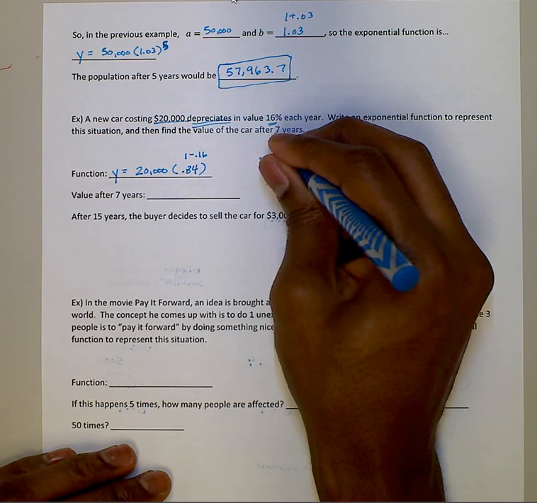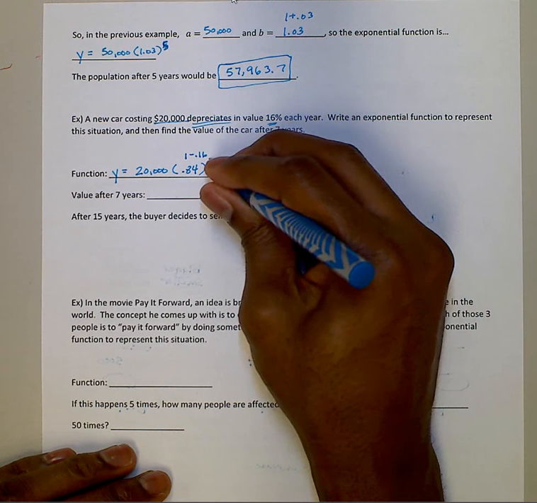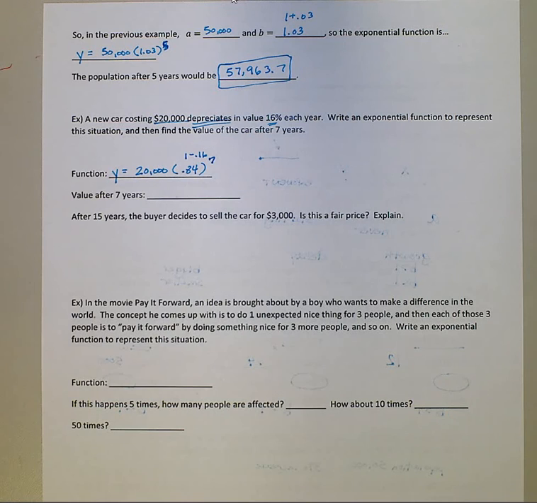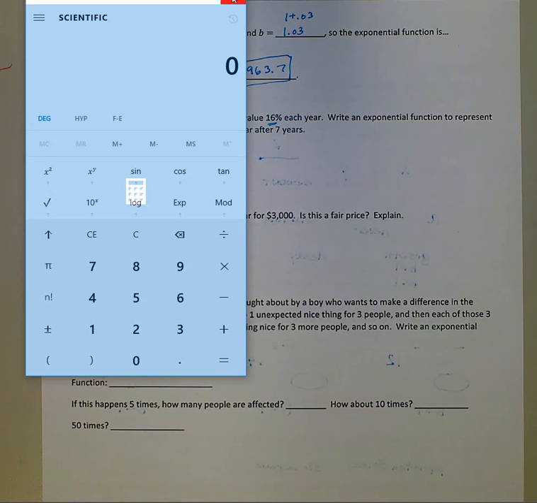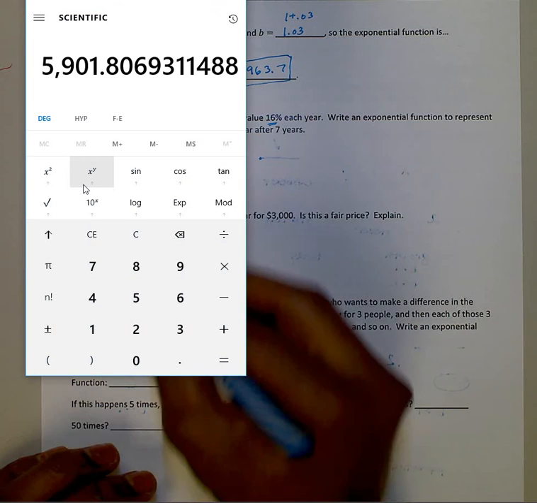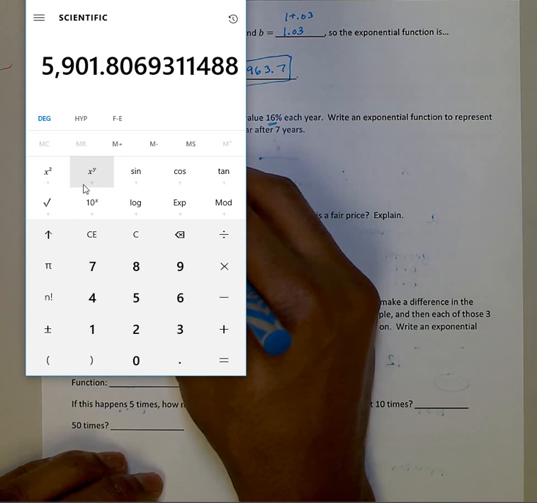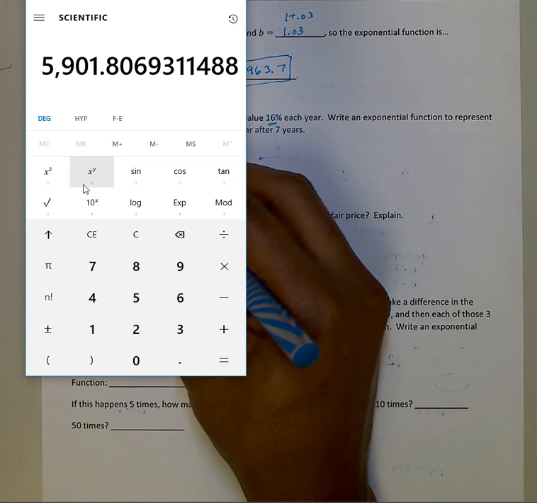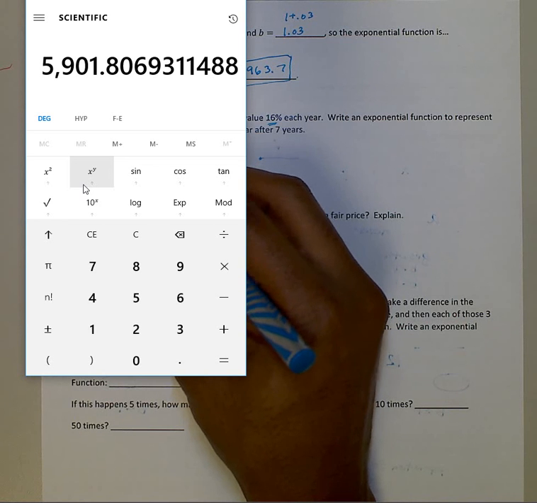And then we want to find the value after 7 years, so that's my time up here. So I'll do 0.84 to the 7th first, so I can have that down, times 20,000. And so that means after 7 years, do that right, it's $5,901.